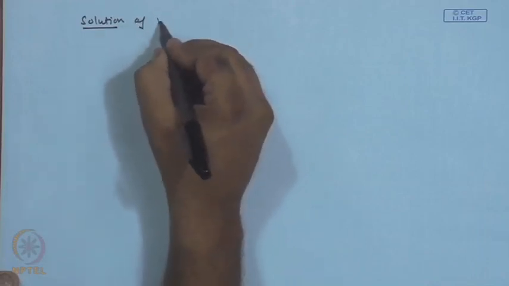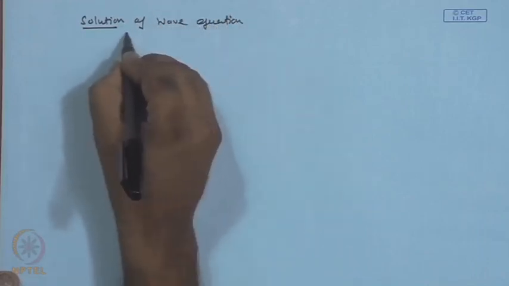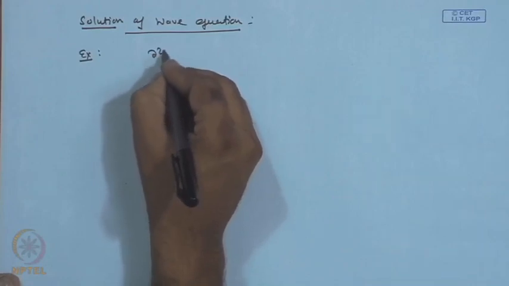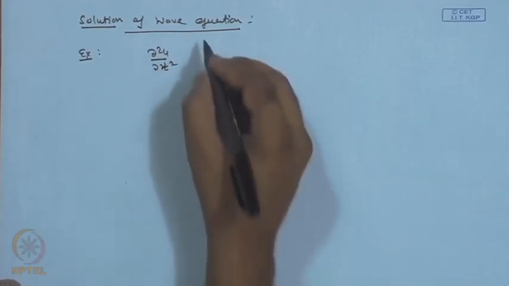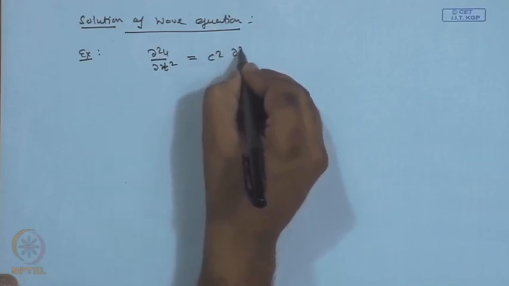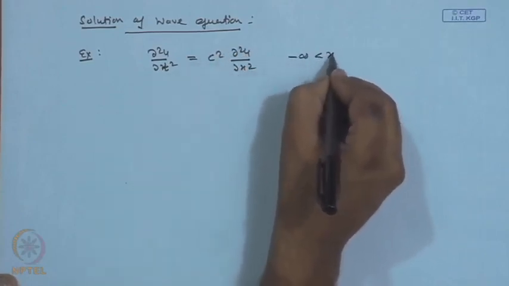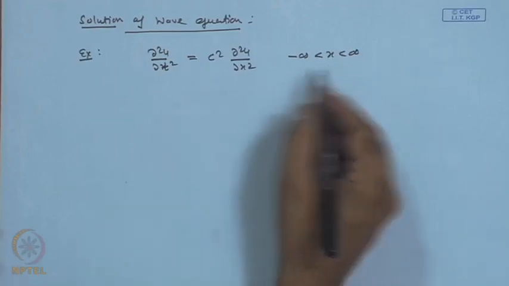solution of the wave equation. So, we take this example: solve the wave equation ∂²u/∂t² equals c² ∂²u/∂x², where x is given from minus infinity to plus infinity.